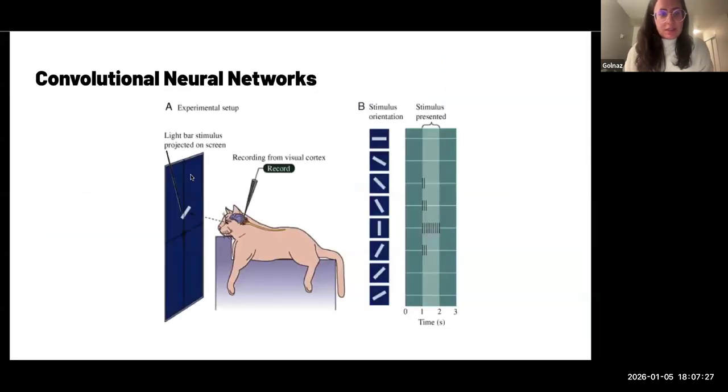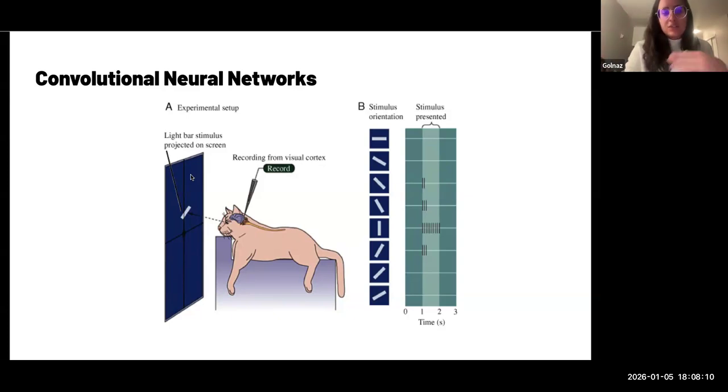So I want to start this section with where the research on convolutional neural networks, which are the kind of neural networks that are used for images, started and was inspired. It was inspired by some experiments that were done on cats, and I also think monkeys, where they would make recordings from the visual cortex of these animals while showing them some visual stimulus.